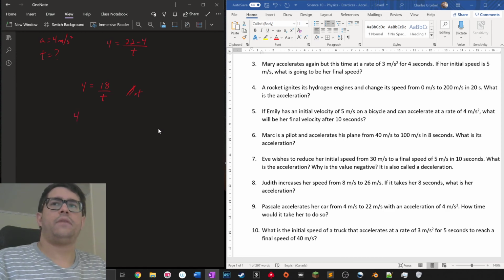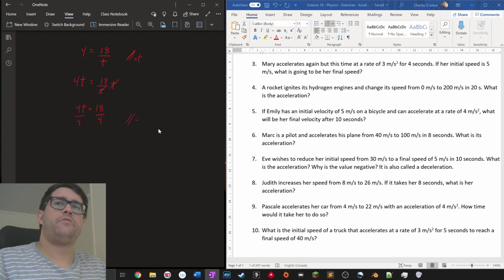So 4 times t is 4t. And 18 divided by t times t cancel out. Basically 4t equals 18. You don't want 4t, you want to divide both sides by 4.